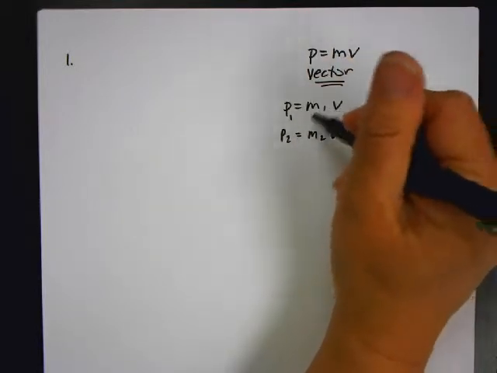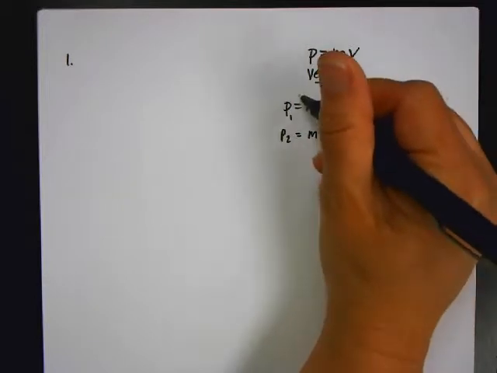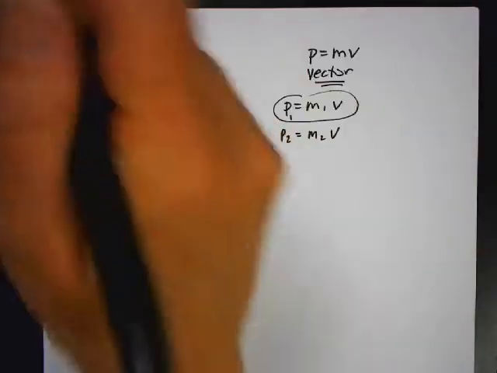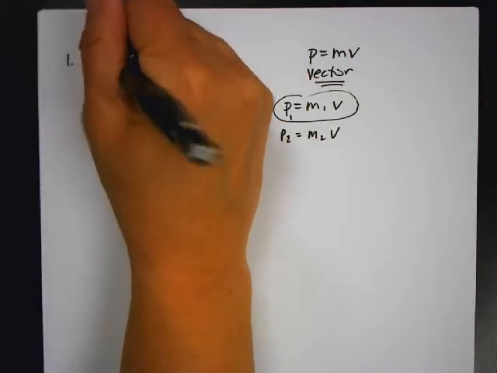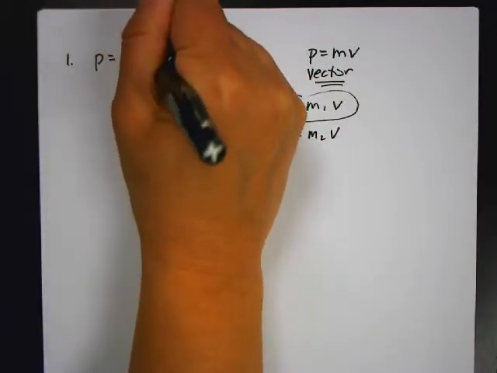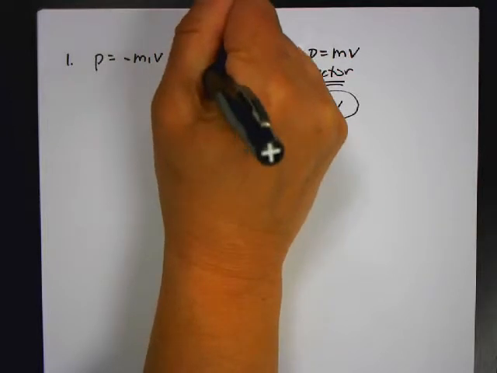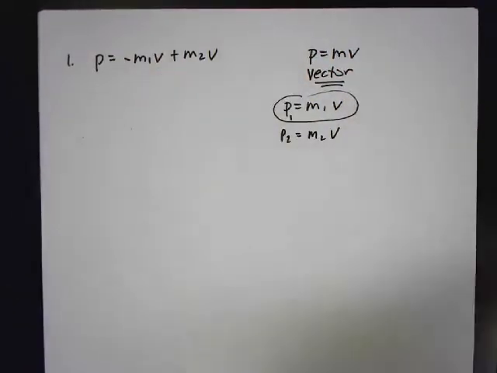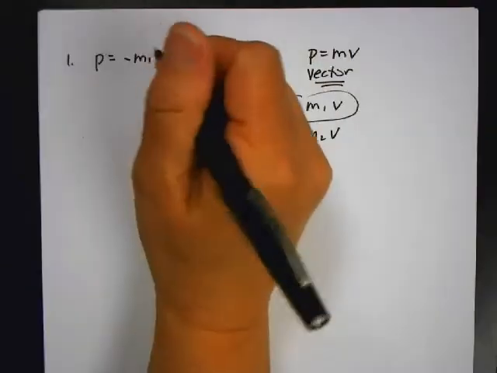So when we take the direction into consideration, this is negative and this is positive. So the total momentum P is equal to negative m1v plus m2v. And this negative sign came from the direction of m1.